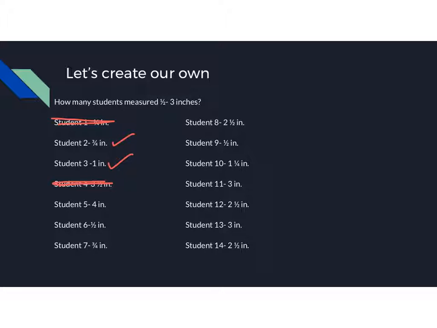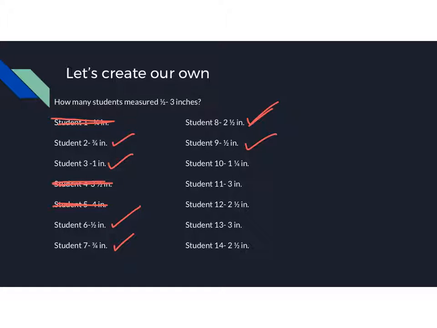Student 5 is 4 inches. Too large. Student 6 is 1/2 inch, just perfect. Student 7 is 3/4, perfect. Student 8 is 2 1/2 inches, good. Student 9 is 1/2, good.